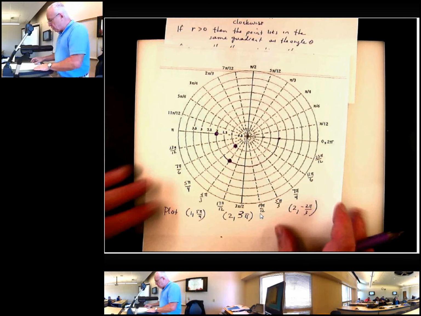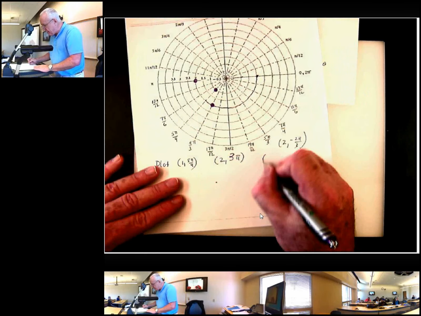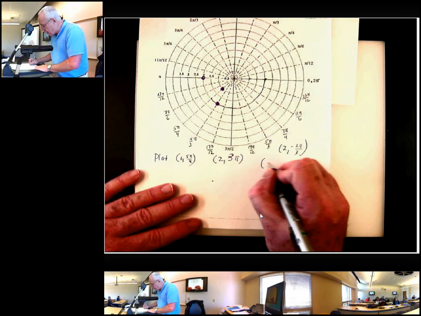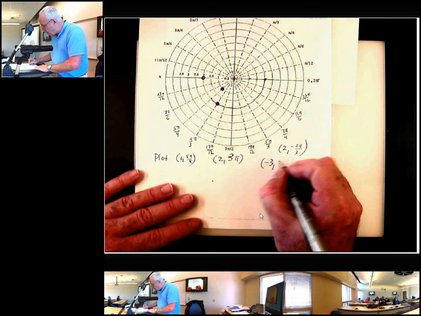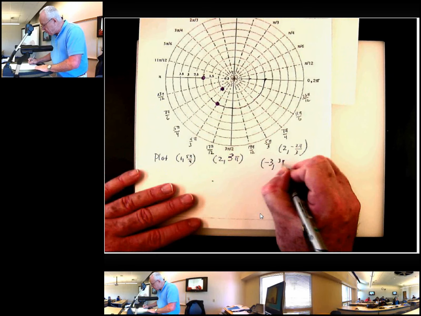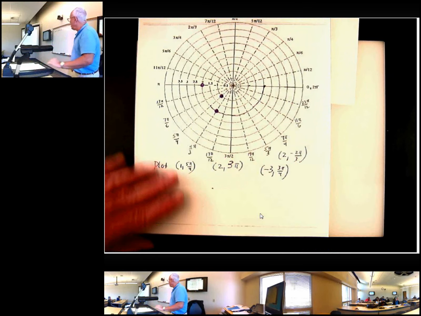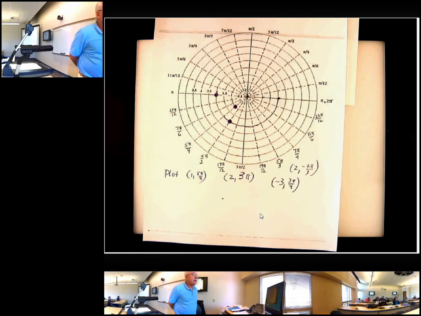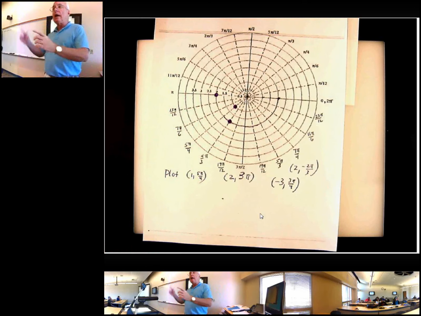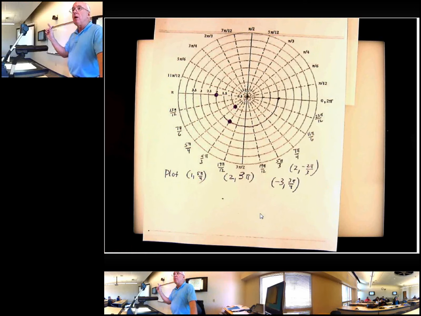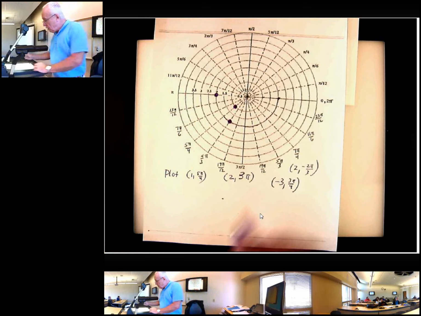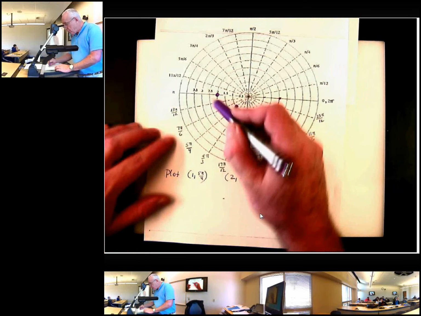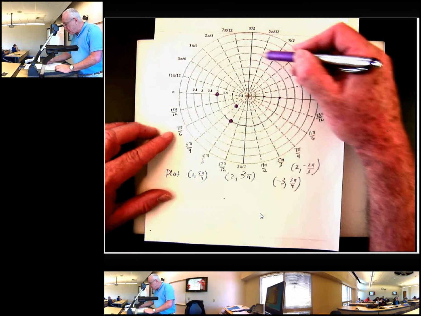The last one I want to look at is where we have a negative r value. Negative 3 for r, and our theta value is 3/4 pi. With r being negative 3, it is going to lie 3 units away from the pole. So 3 is going to be this circle right here.